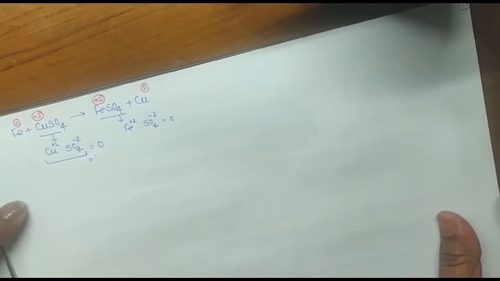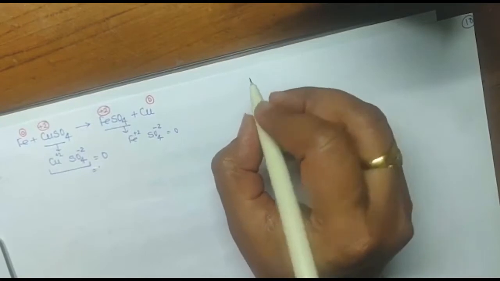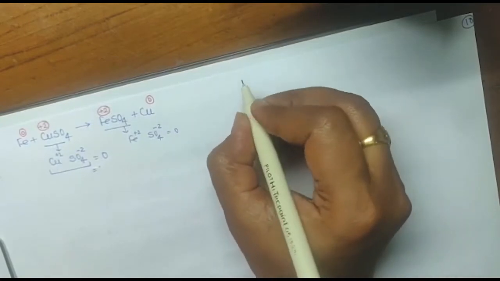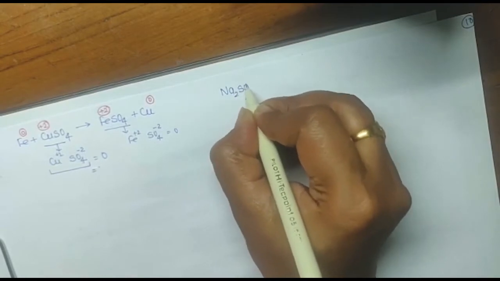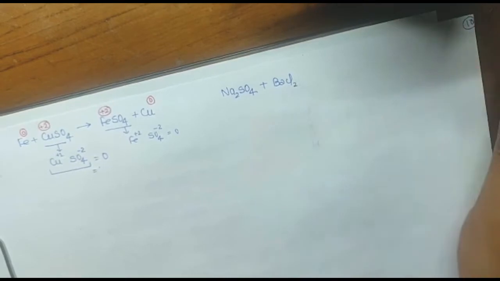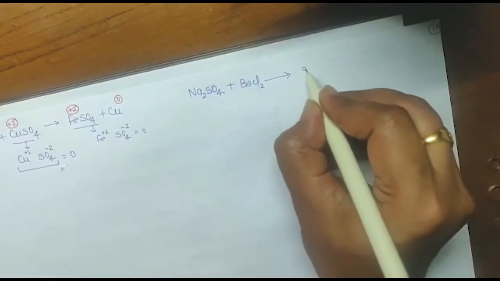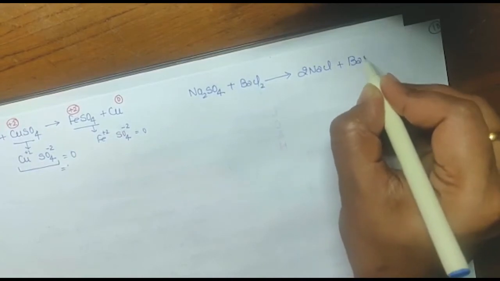Another example: Na2SO4 plus BaCl2 changes into 2NaCl plus BaSO4.